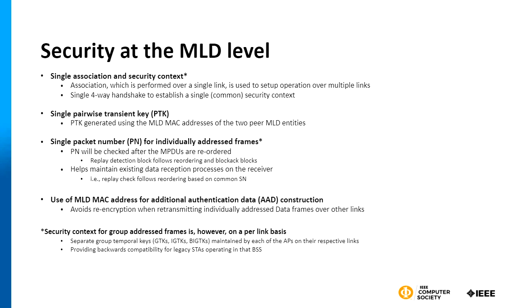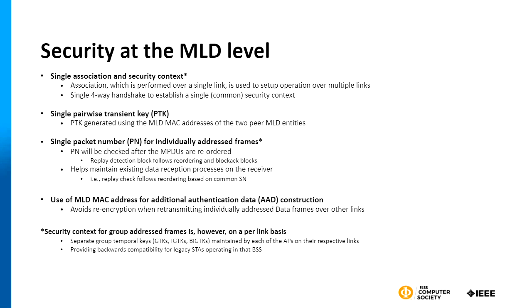These are performed via four-way handshake mechanisms that rely as much as possible on existing protocols, for example, association requests and responses. So we maintain a single pairwise transient key for exchanging and encrypting frames exchanged between the two peer MLD entities, and they are generated by using the MLD MAC address to ensure uniqueness.